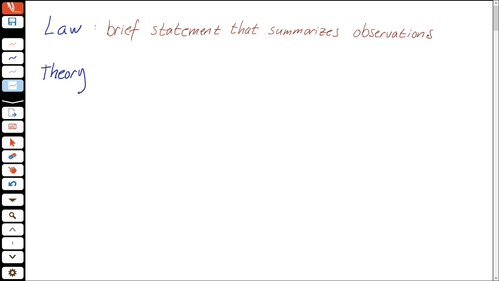So you keep noticing that a thing is happening over and over again. So you summarize those observations into a law, and then that helps predict what's going to happen in the future.